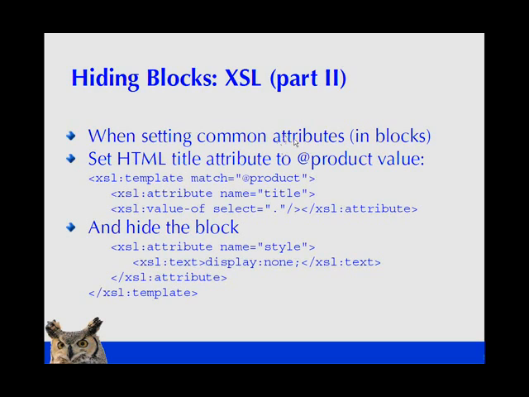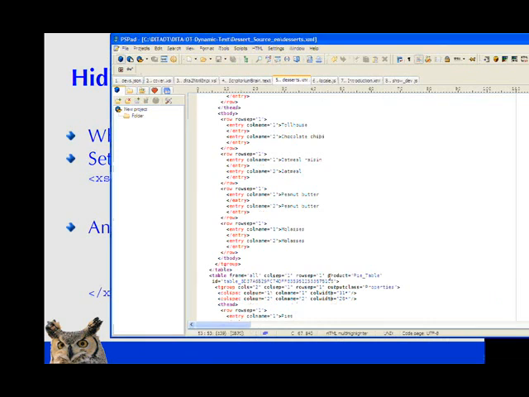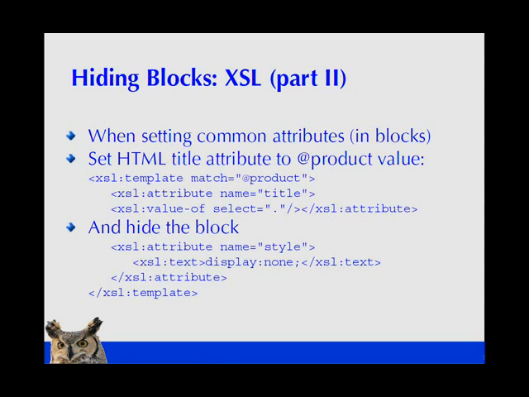The second part, we need to set some attributes. In the portion of output, when we're setting our common attributes for blocks, and in this case the attributes for tables, we want to say, let's match on the product attribute, because as we showed in our source, we have a product attribute, and this indicates pie table, so we're handling that attribute.